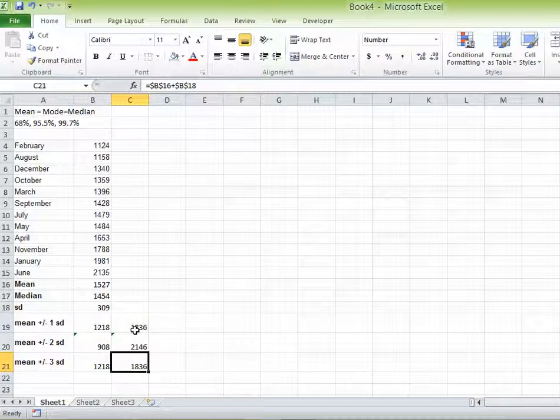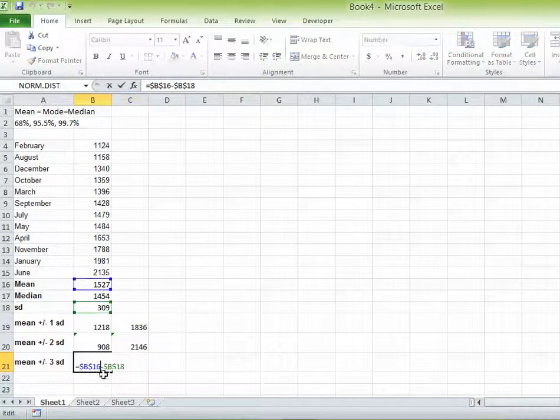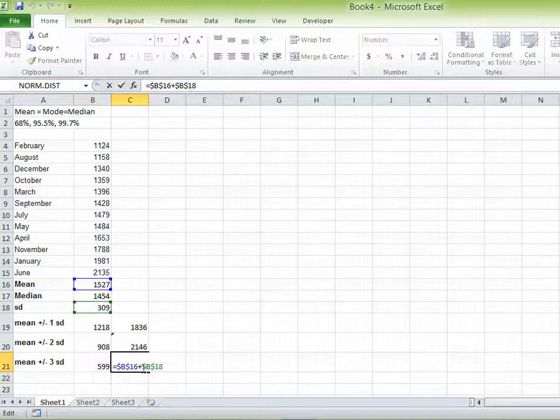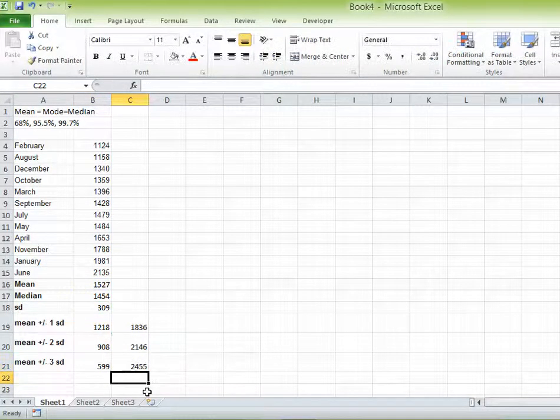The first one, 1218 to 1836. The second one, plus or minus 2 standard deviations, it pushes everything out. It goes from 908 to 2136. And now, of course, for the third one, I'm simply going to say 3 times the standard deviation and 3 times the standard deviation.